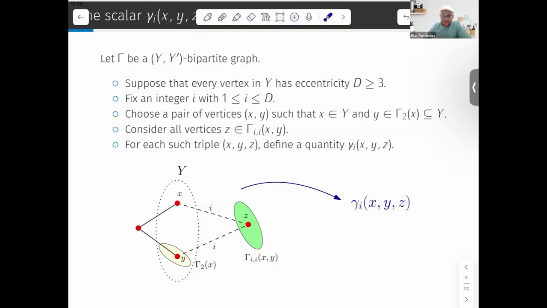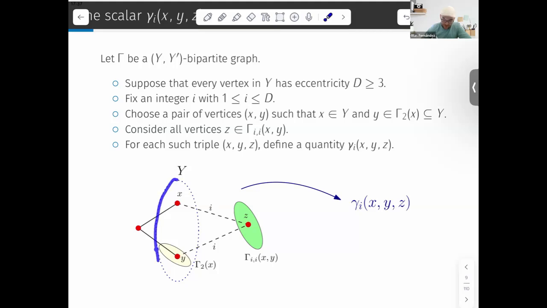We assume that every vertex in Y has the same eccentricity d, and this d is greater than or equal to 3. Now we fix an integer i between 1 and d, and pick a pair of vertices x, y, where x is in Y and y is at distance 2 from x, and so is also in Y.